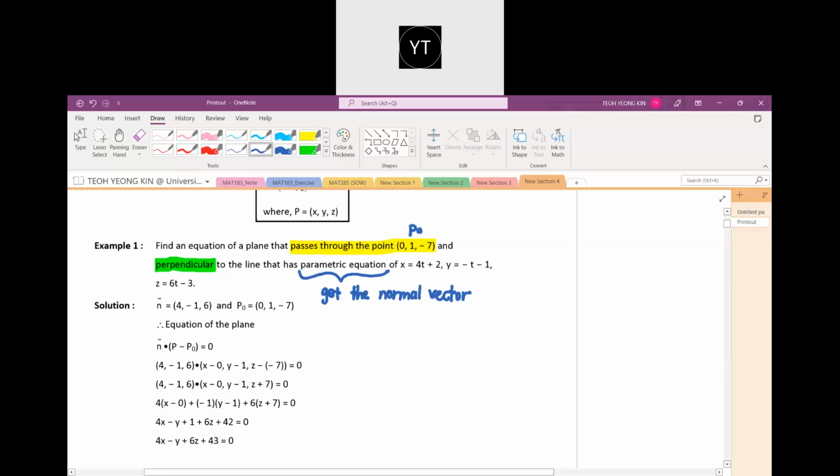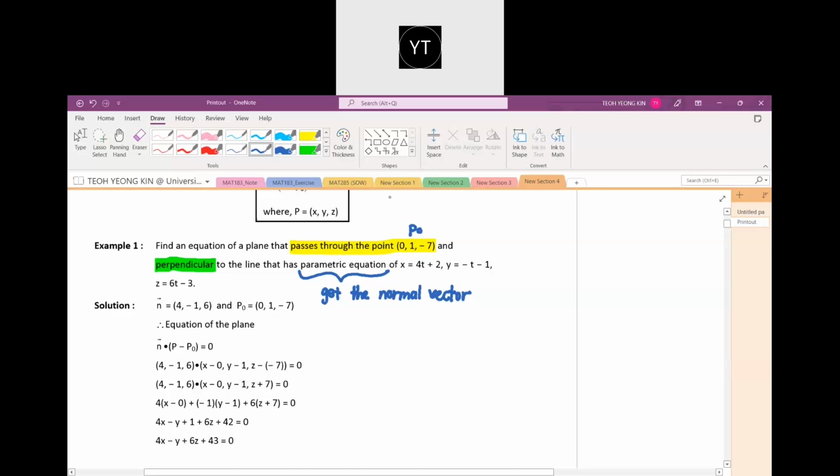Why are we using this one? Because the question already mentions that this parametric equation is perpendicular. If you remember, n refers to the normal vector or perpendicular vector, which is perpendicular or normal to the plane. So this parametric equation is perpendicular to the plane, so this is our n.